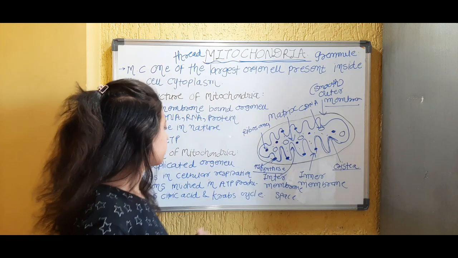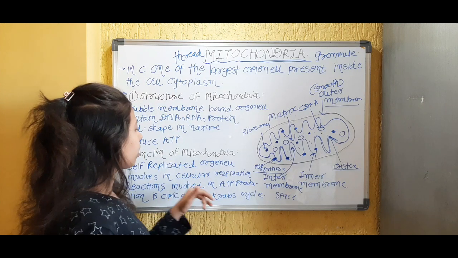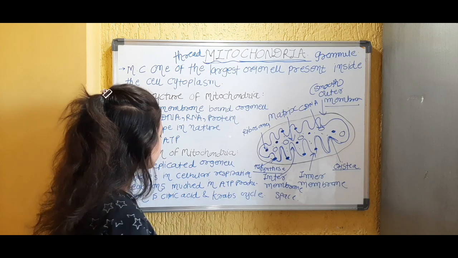Next, the reactions involved in ATP production are the citric acid cycle and the Krebs cycle.